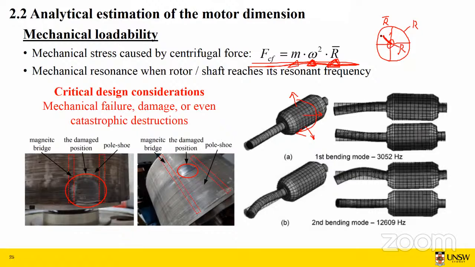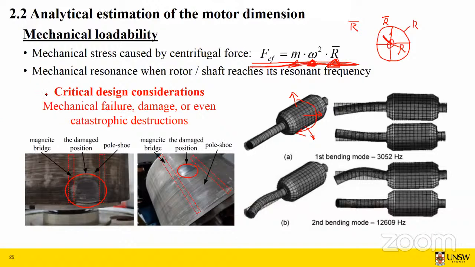So the centroid radius is basically the distance from the mass center to the geometric center. But this is just a simplified explanation. If you're interested, you can read more textbooks and papers about this.